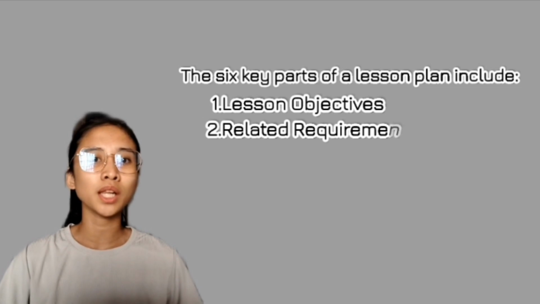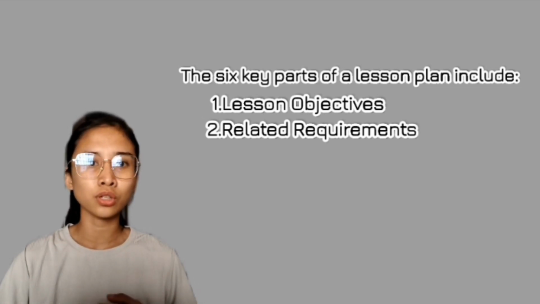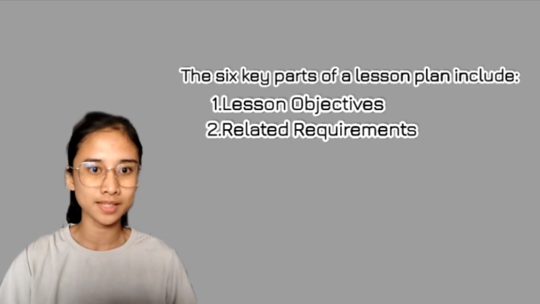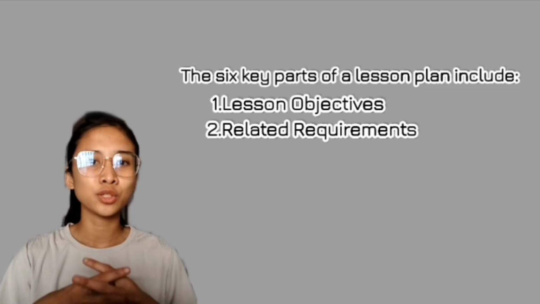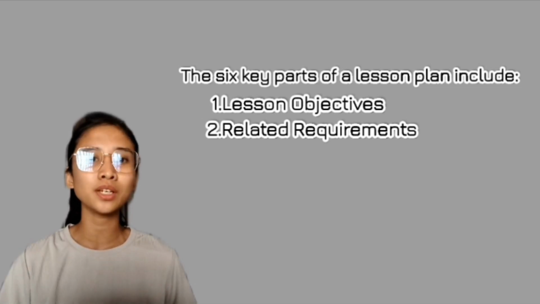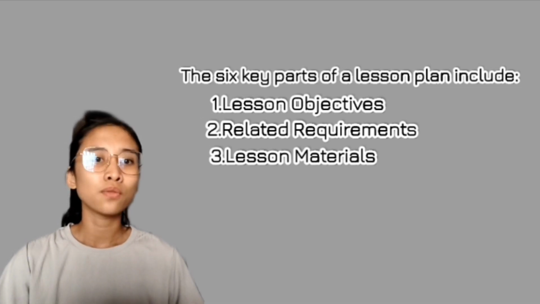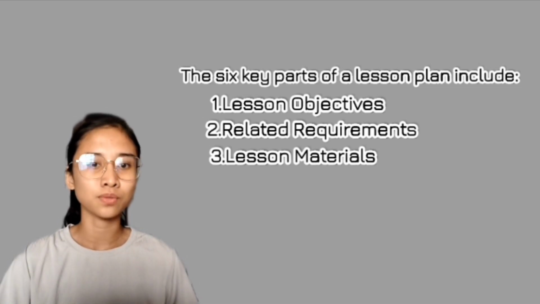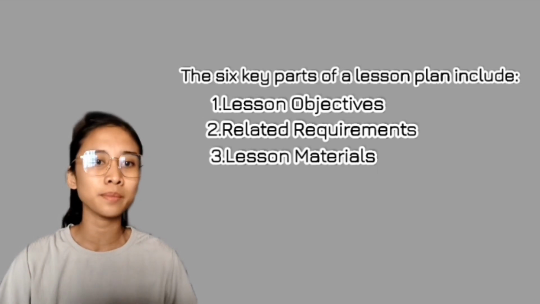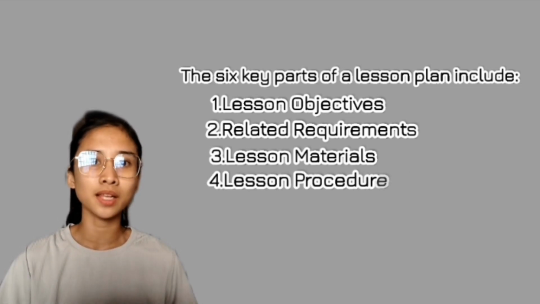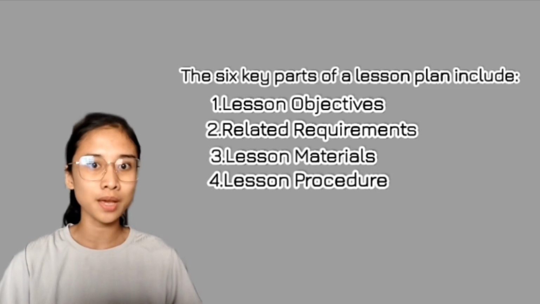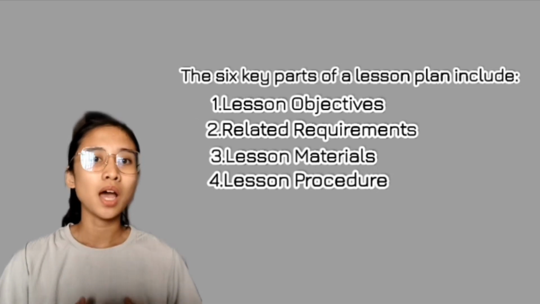Number 2, related requirements, the standards, circumstances, or guidelines that support the lesson. Number 3, lesson materials, everything needed for the lesson, from handouts to multimedia resources. Number 4, the lesson procedure, step-by-step guidelines for how the lesson will unfold.